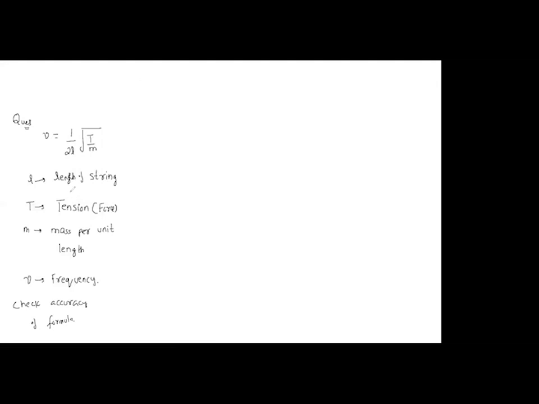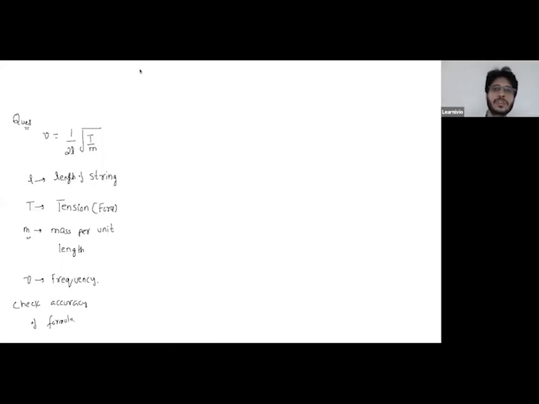You know the dimension of each and every quantity. And remember, it's not mass, it's mass per unit length. Check whether this formula is dimensionally correct or not. Okay, Fazil says it's wrong.